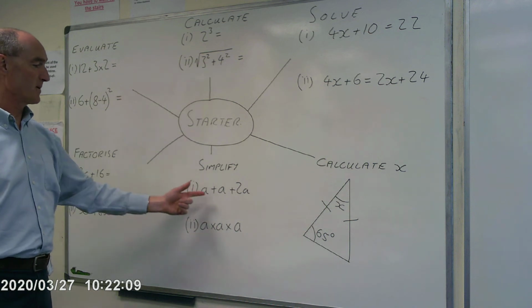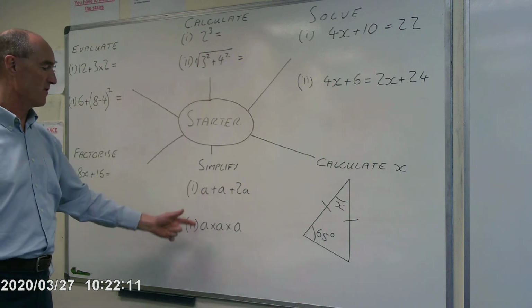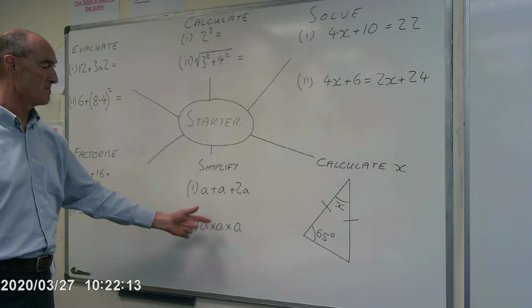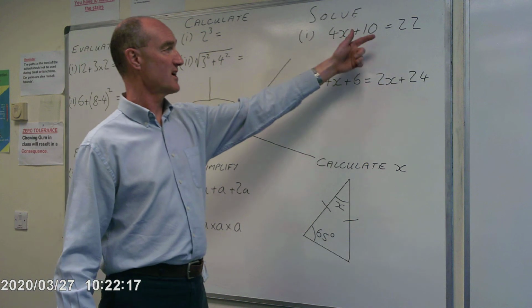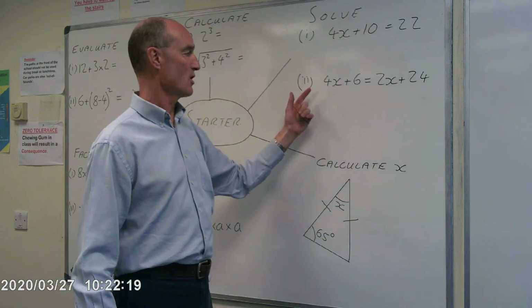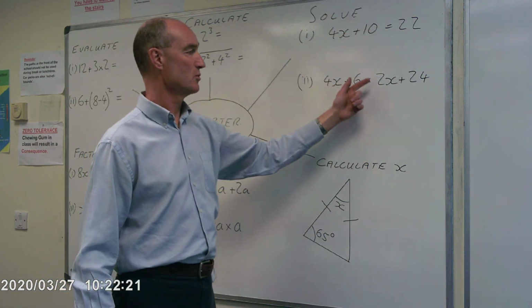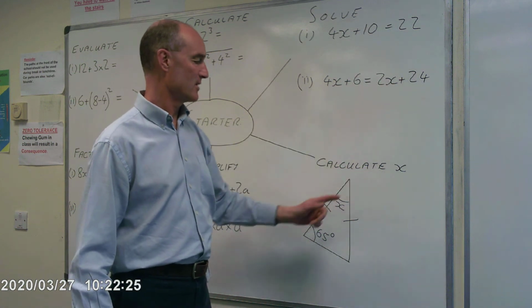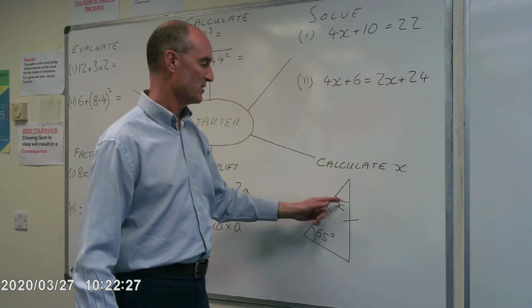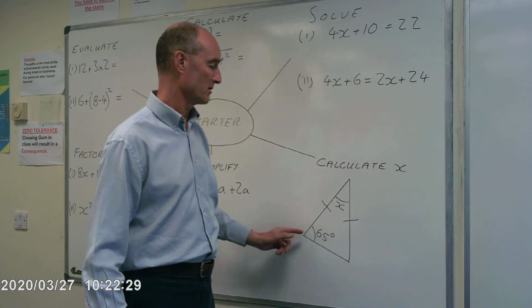Simplify a plus 2a. Simplify a multiplied by a multiplied by a. Solve 4x plus 10 equals 22. Solve 4x plus 6 equals 2x plus 24. Calculate the value of x, the value of this angle inside this triangle.